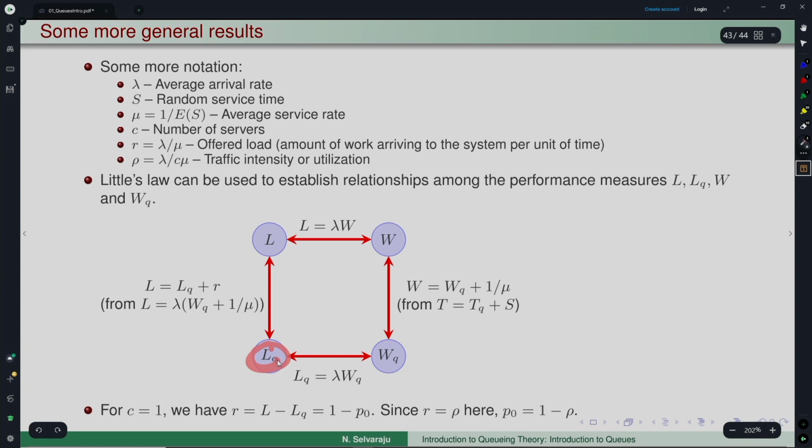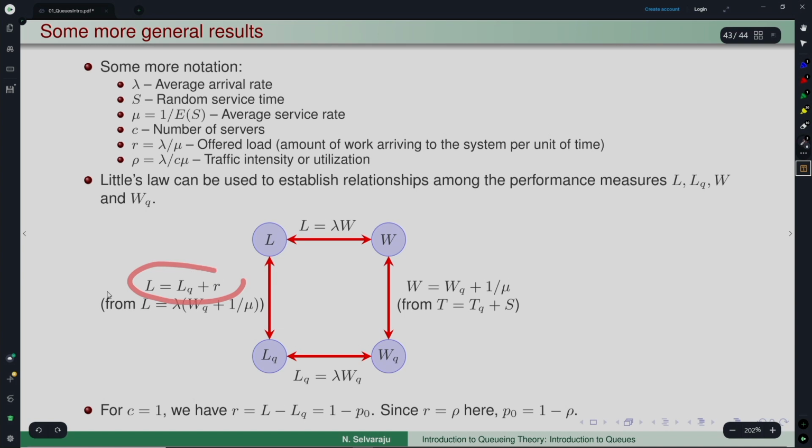Now, once I have this LQ, again I use the same idea here, that L is equal to LQ plus R, because L is basically lambda times W, and W is essentially this quantity. So, lambda WQ is LQ and lambda by mu is R. So, L equal to LQ plus R, right.